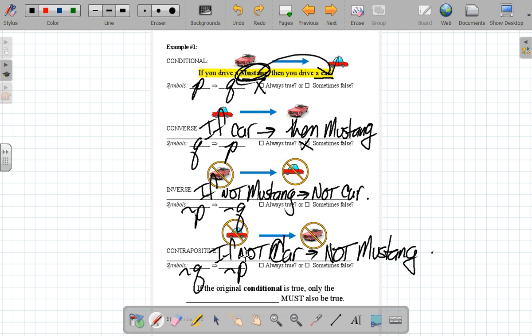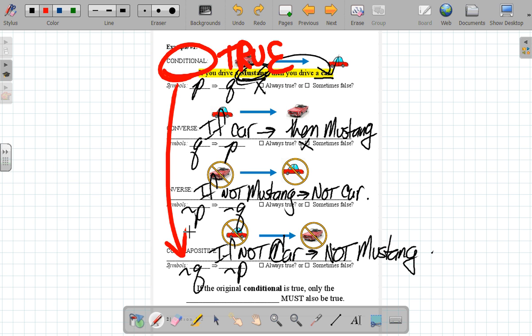Ready? Go. All right, good job. This is a true statement. This shows a very, very simplistic but important logic quality. If the conditional is true, only the contrapositive is forced to also be true.